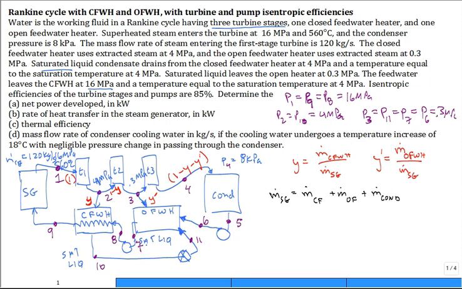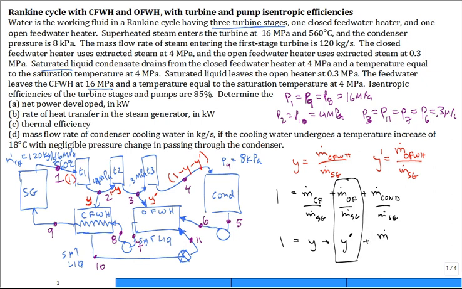Okay. Now, if I just divide over by m dot sg, m dot sg, m dot sg, then this is equal to 1. And I get, well, hey, that's my definition of y. You know what? This looks like a pretty good definition of y prime. That's really how we define it. It's a good definition of y prime, such that when I want to know what goes down to the condenser, based on what comes out of the steam generator, that is equal to, can you see it?